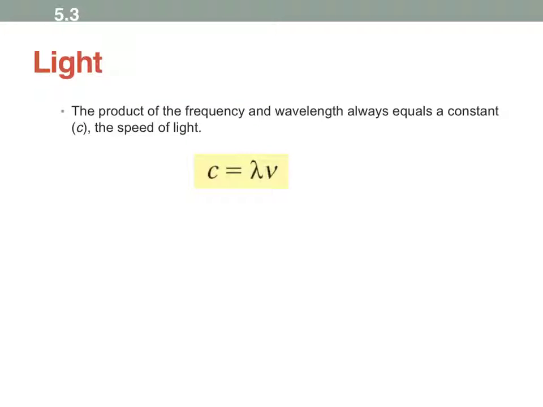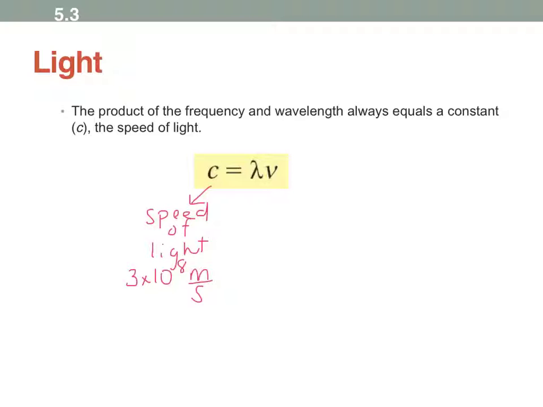Alright, so there's a formula that we can use, and we're probably going to use that in the next video to calculate either the frequency or the wavelength. So we've got a formula. It is c, which is the speed of light, and the speed of light is always going to be a constant. It's going to be 3 times 10 to the 8th meters per second.